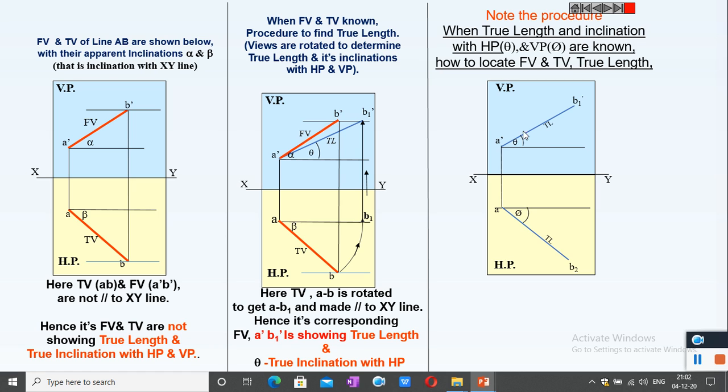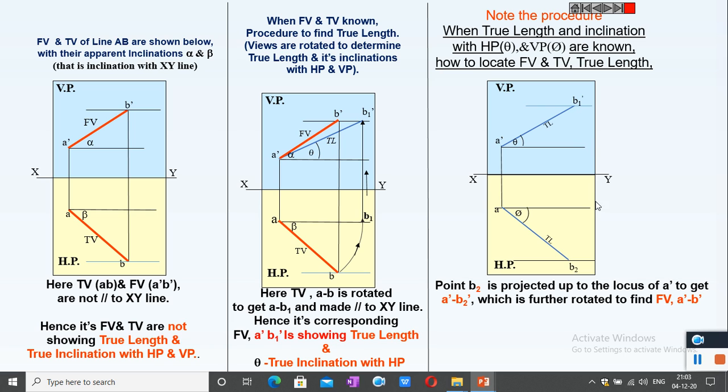This is given and the length of line is given. So you can mark A dash B1 dash taking theta and A B2 taking phi. Now draw the locus of both B1 dash and B2. We have to get the positions A dash B dash and AB.